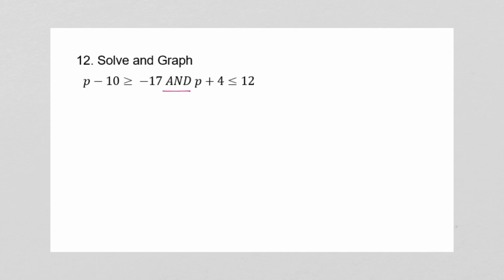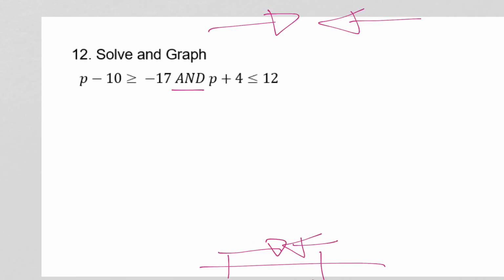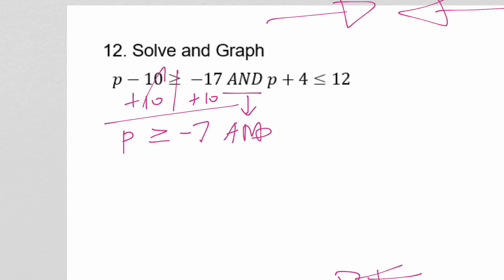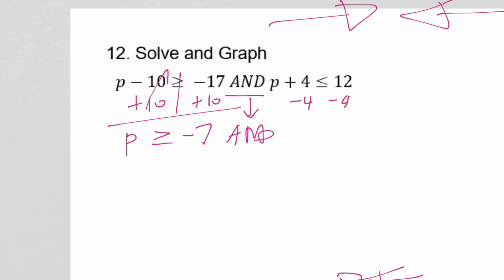Okay, this next one has the word AND. So I already know when I graph this, they're going to meet toward each other, because it says AND. Remember, AND meets toward each other. ORs are the ones that go away from each other. So I'm going to solve each inequality by adding 10 here, getting negative 7, and here I have to subtract 4, and I'm going to get 8.